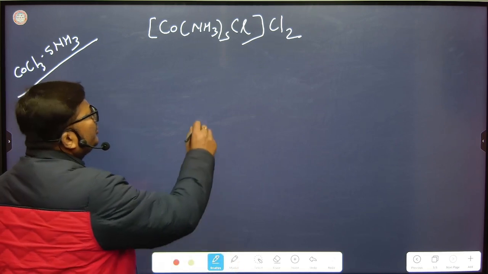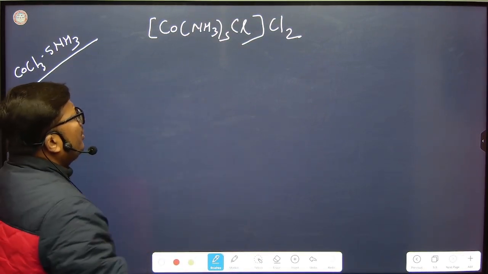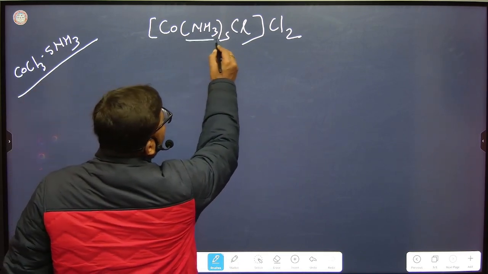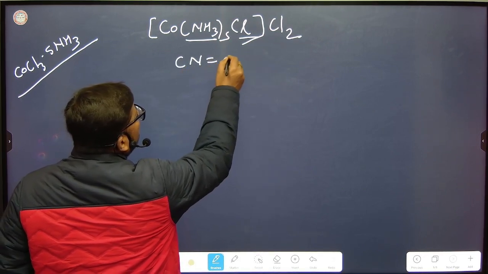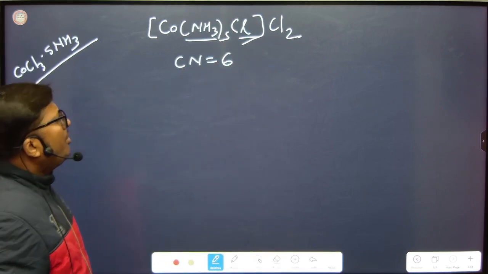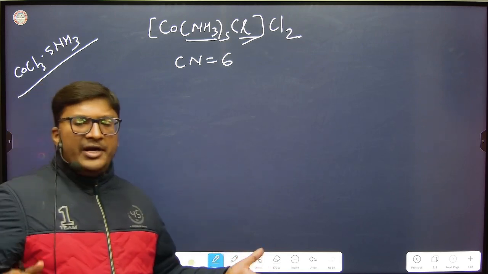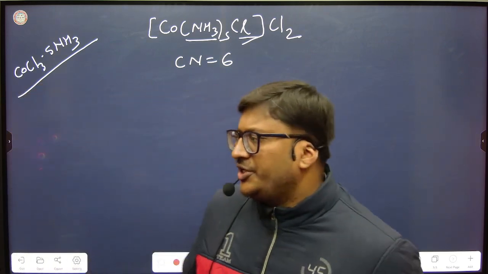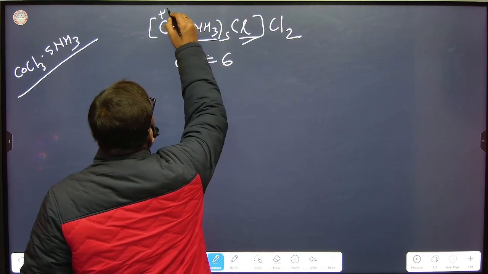Okay, so again here the coordination number is 6, 5 from ammonia and 1 from chloride. So the total coordination number is 6. In this complex compound, cobalt still maintains its oxidation state, that is +3. So primary valency is constant.